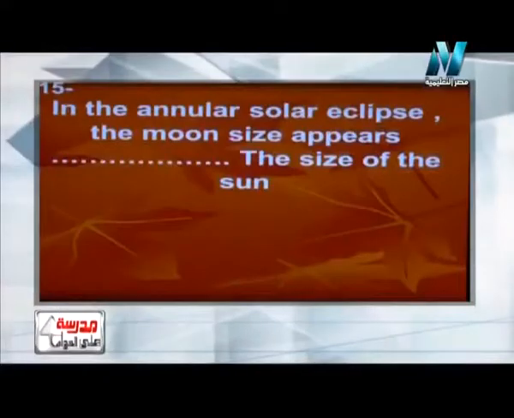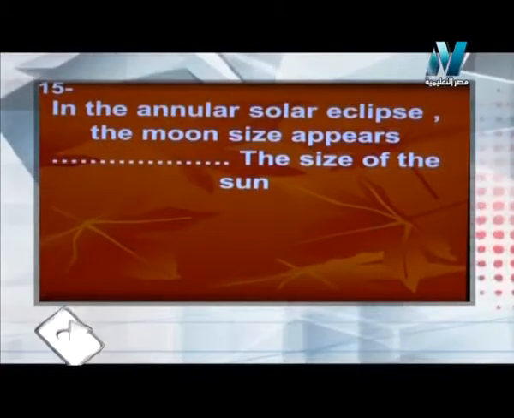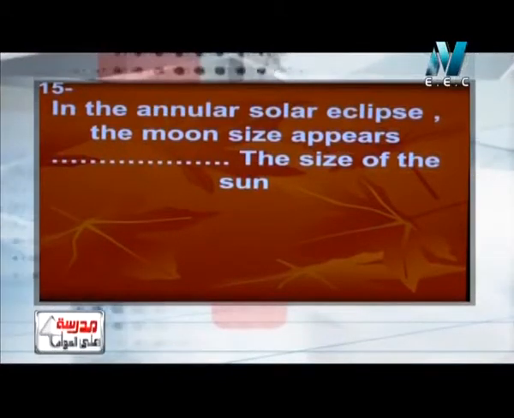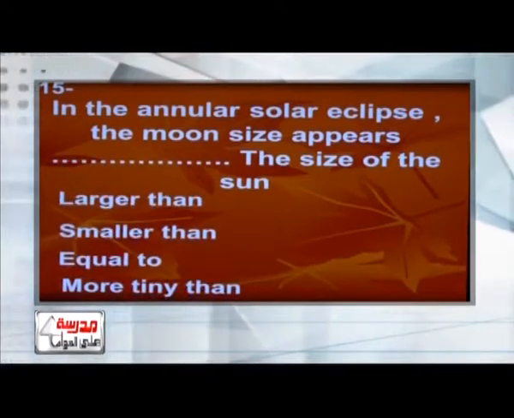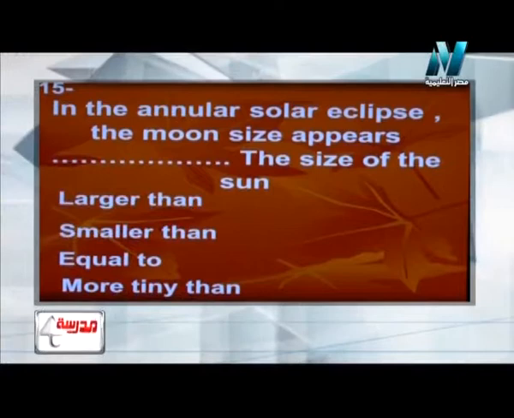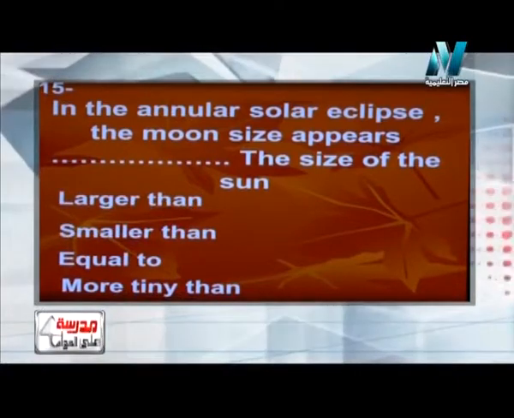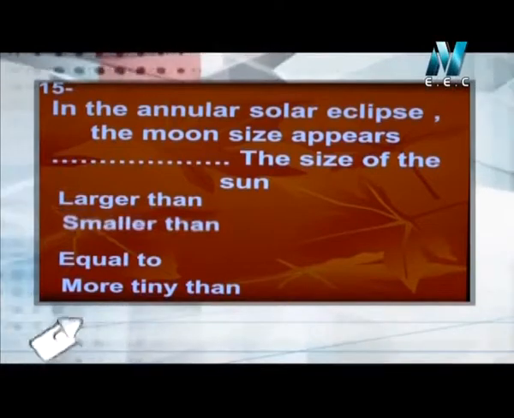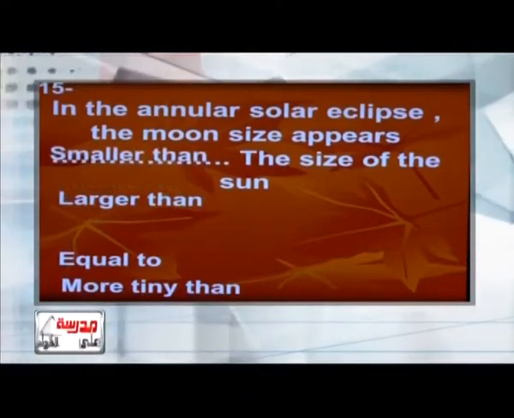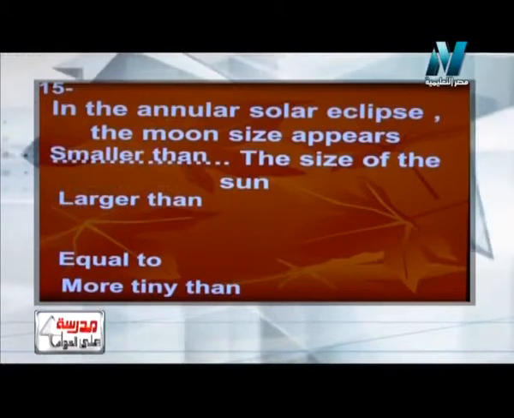Another question says that in the annular solar eclipse, the moon's size appears to be a certain size compared with the sun. We know that in the annular eclipse, we see only the black disk or black ring of the sun, because the moon covers most of the sun. So the size of the moon will be smaller than the size of the sun in the annular eclipse.